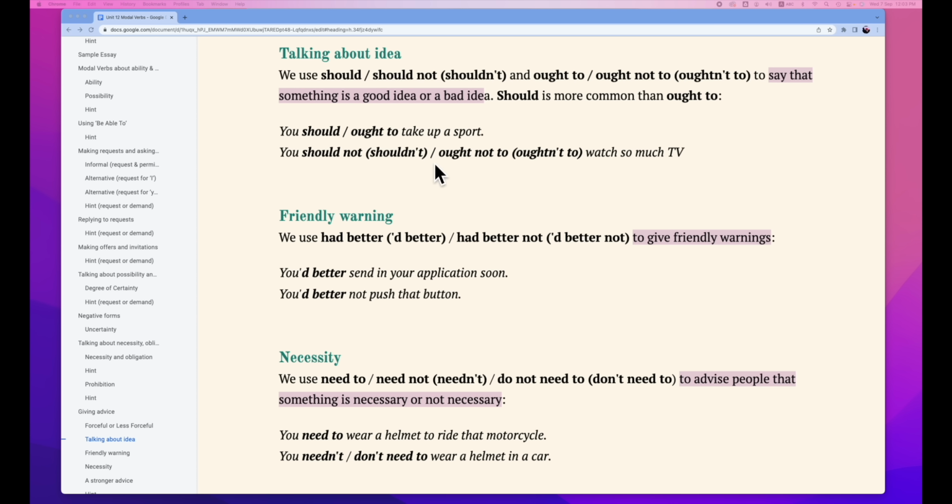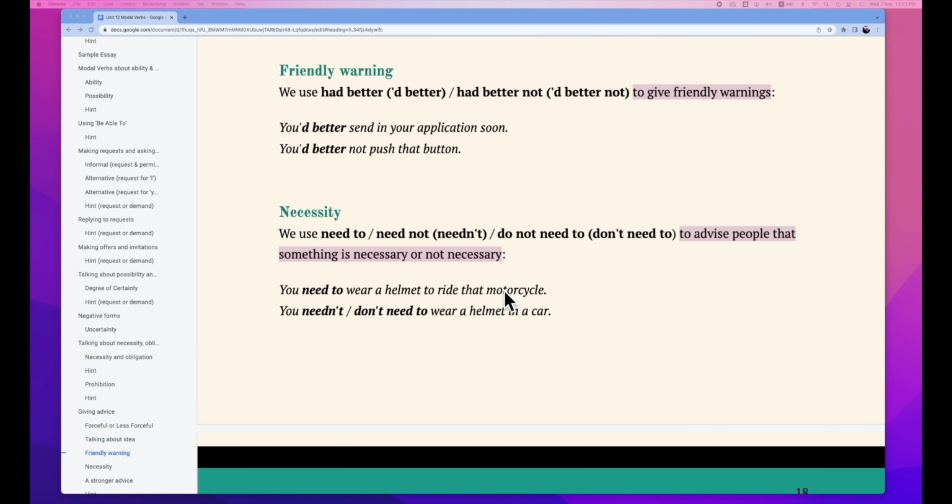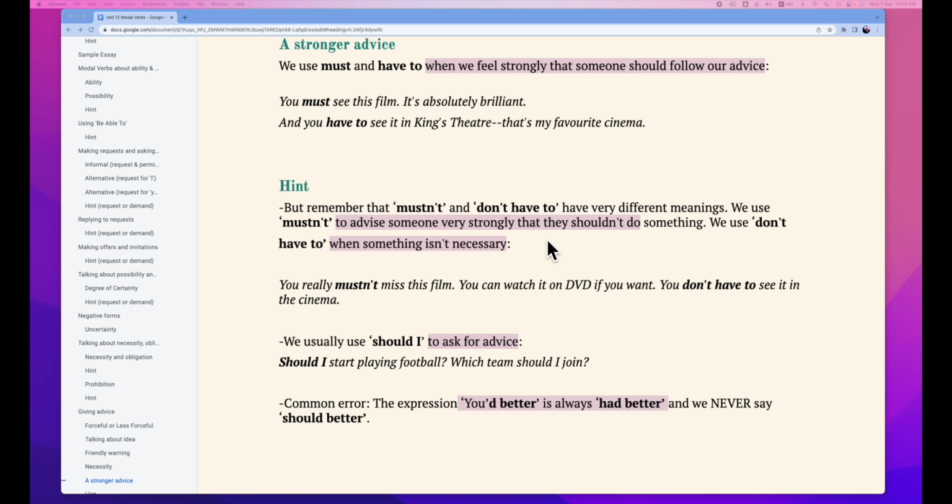Should and should not, or ought to or ought not to, or friendly warning, necessity, as well as stronger advice using the modal verbs must and have to, and some other hints. There are two different categories when we are giving advice. One category is stronger, very forceful advice, and the other category is advice that is less forceful. Which modal verbs are more forceful, and which modal verbs are less forceful?